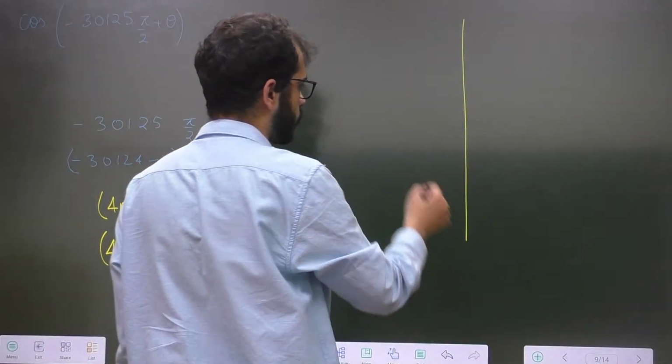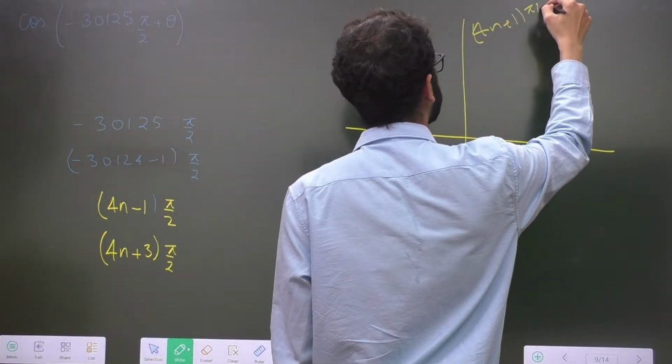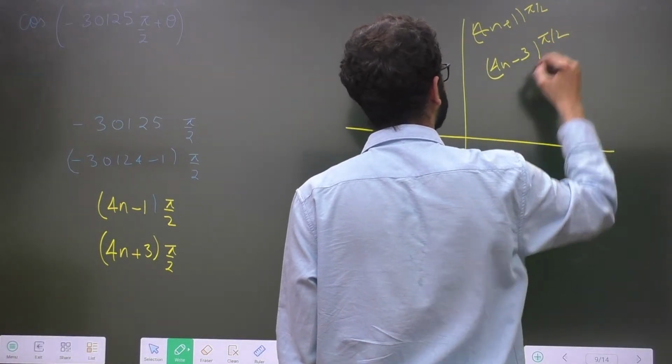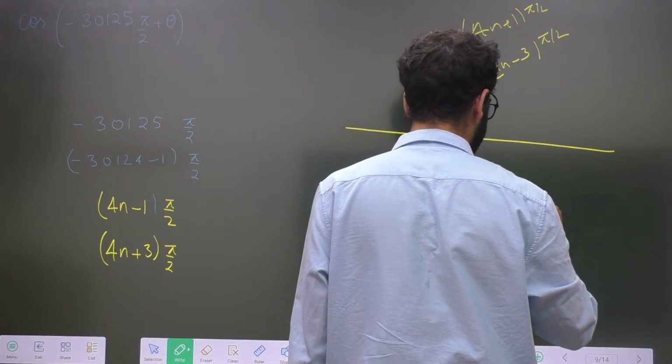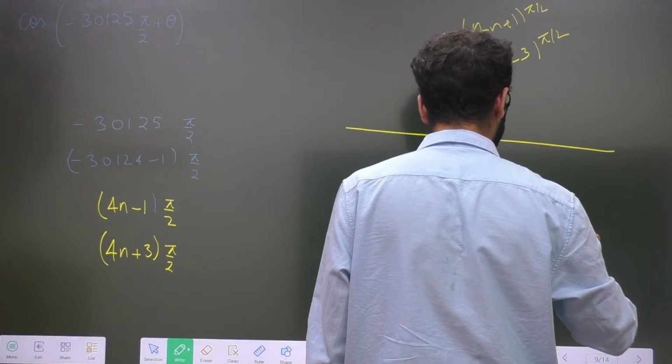Now let's recall what we have already studied. This is (4n plus 1) pi by 2. This is (4n minus 3) pi by 2. This is (4n plus 3) pi by 2. This is (4n minus 1) pi by 2.